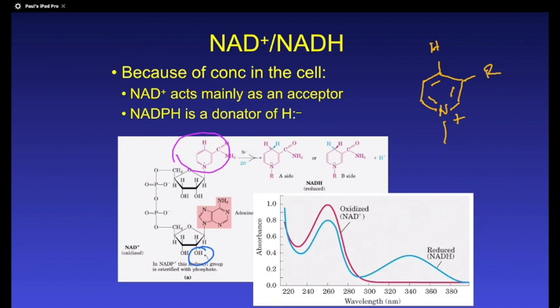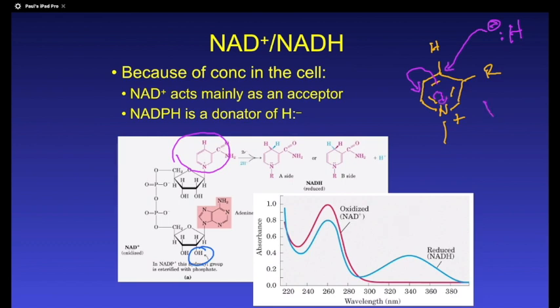When you have a hydride that comes in, so this is a hydride that is leaving something and is going to be accepted by this, this is what happens. I come in and attack right at the top of the ring. The electron pair will form a double bond here, and this electron pair will then sit on the nitrogen.